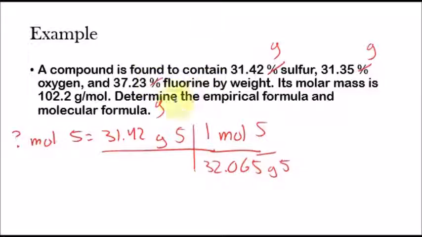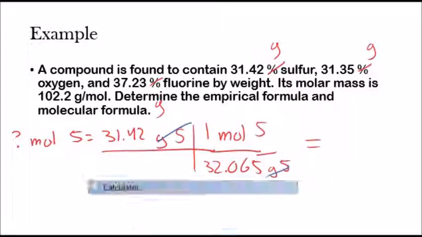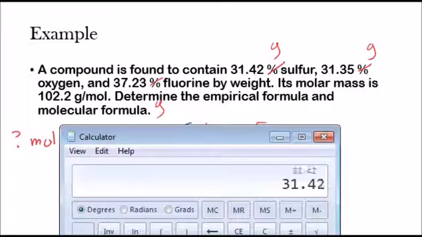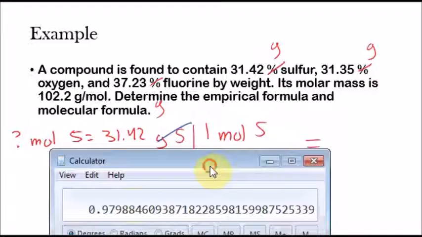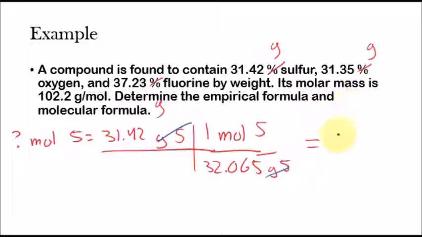Grams of sulfur cancels out with grams of sulfur, so we're left with moles of sulfur. And we can go ahead and calculate this. 31.42 divided by 32.065. The answer needs to be rounded to 4 significant digits, so that'll be 0.9799 moles of sulfur. Alright, great.